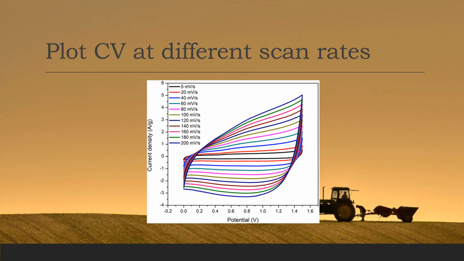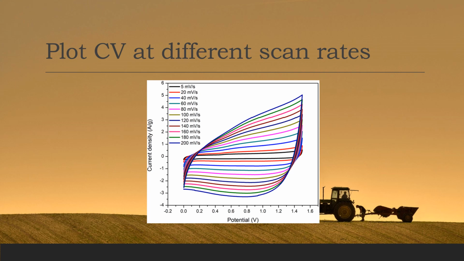From this analysis, the number one thing we want to see is the shape. Whether your material shows quasi-rectangular, as in this case, or perfect rectangular, or it can show obvious redox peaks. It depends on the shape.